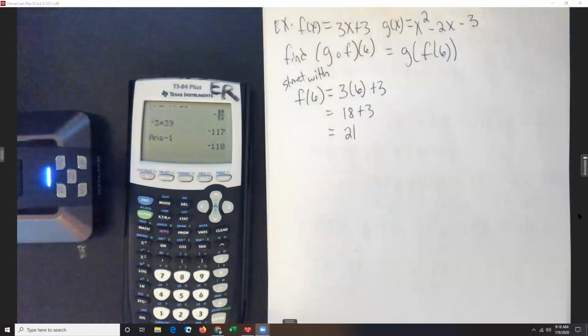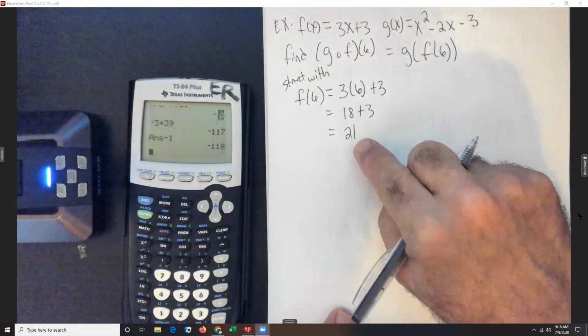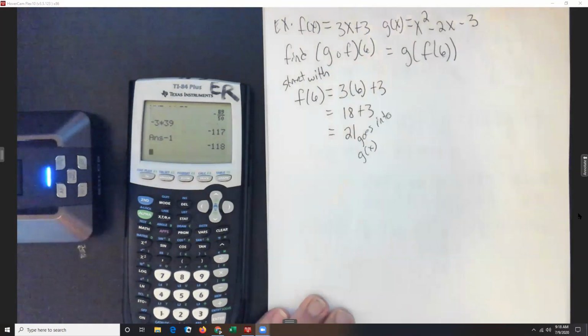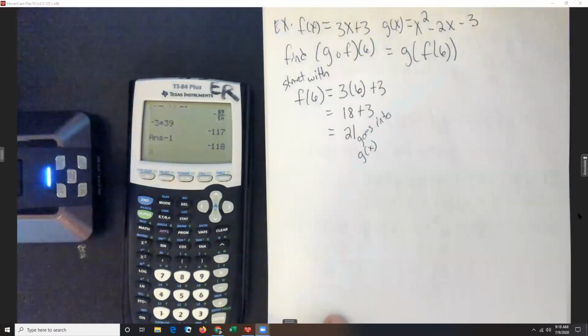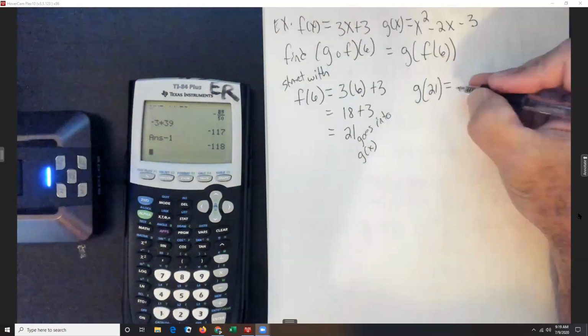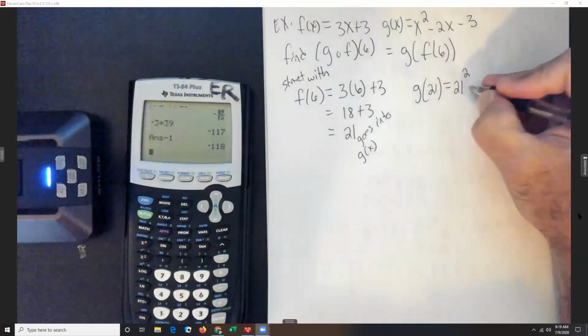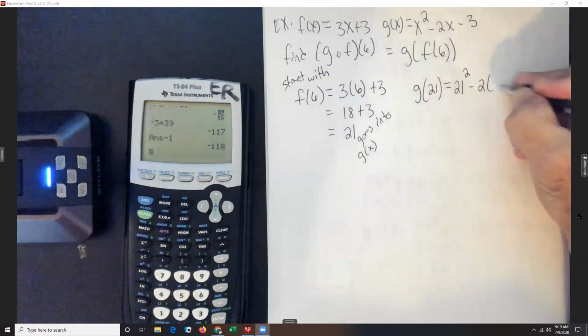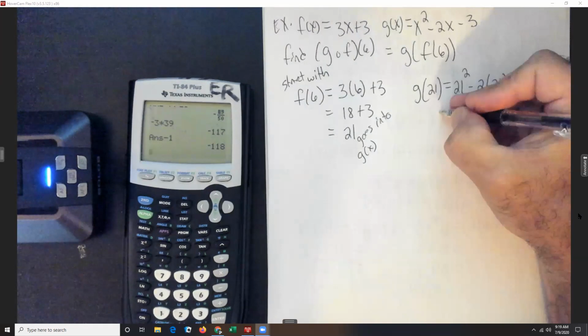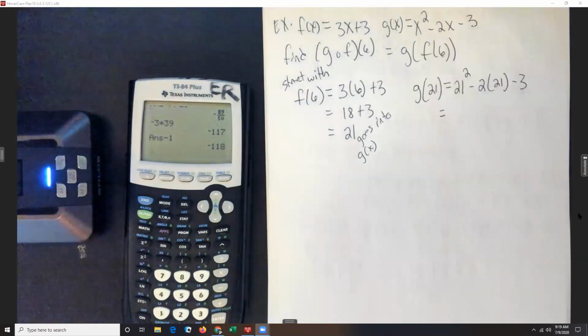Which means this 21 goes into the g of x now. Which means you're finding me g of 21. Oh, that's going to be a big number, y'all, because look at that. 21 squared minus 2 times 21 minus 3. So these are almost like two problems in one because they're making you find that f.